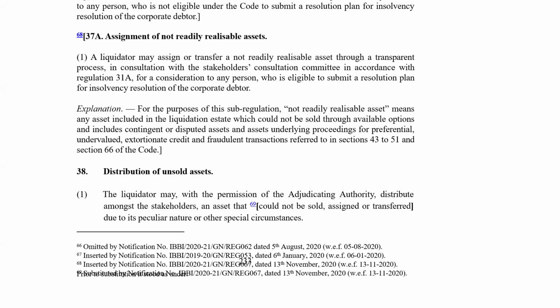And for the purpose of this sub-regulation, not readily realizable asset means any asset included in the liquidation estate which could not be sold through available options and includes contingent or disputed assets and assets underlying proceedings for PUFE transactions. So these assets, where PUFE transaction proceedings are going on, or contingent assets or disputed assets, they are sold if they cannot be sold through the other options.